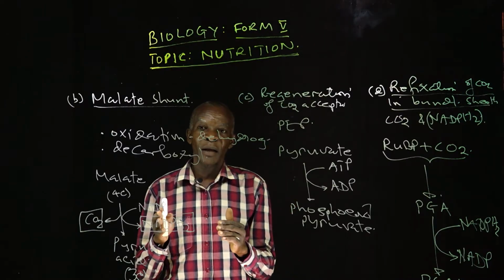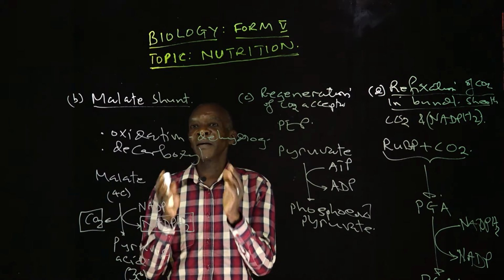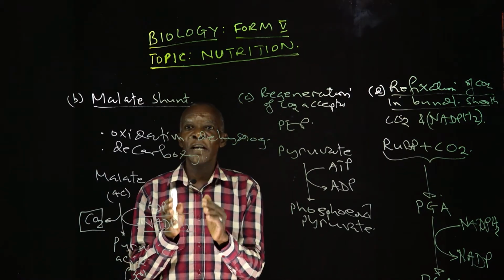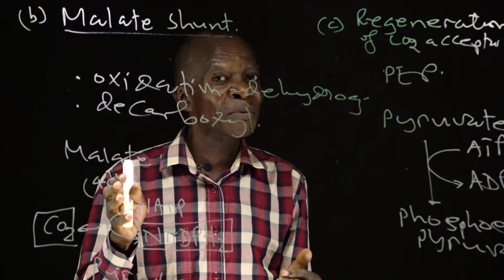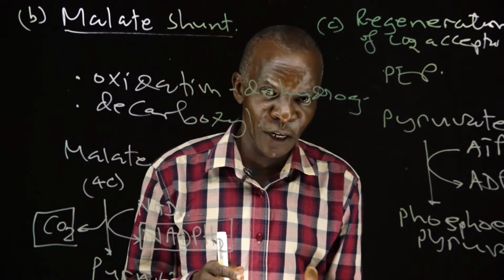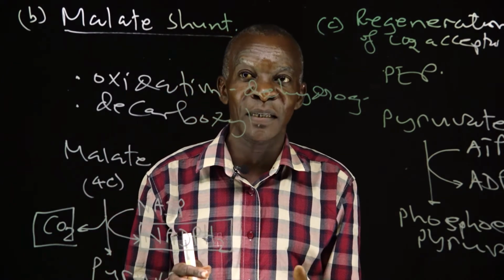The initial step is fixation of carbon dioxide in the mesophyll cells, which is catalyzed by phosphoenolpyruvic acid carboxylase, the substrate for this step being phosphoenolpyruvate. This produces malic acid or simply malate.